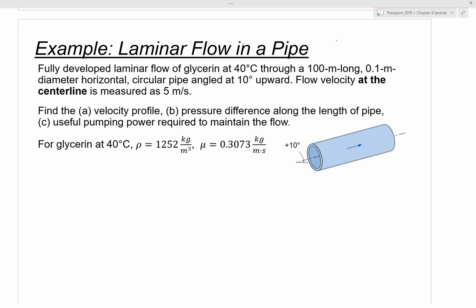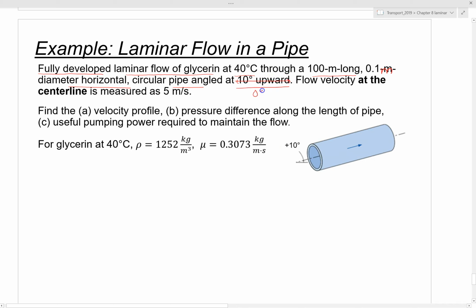Okay, so laminar flow in a pipe. This problem says fully developed laminar flow of glycerine at 40 degrees Celsius passing through a 100 meter long, 0.1 meter diameter horizontal circular pipe angled at 10 degree upward. So for now, let's just cancel this. Let's look at if it is just normally.